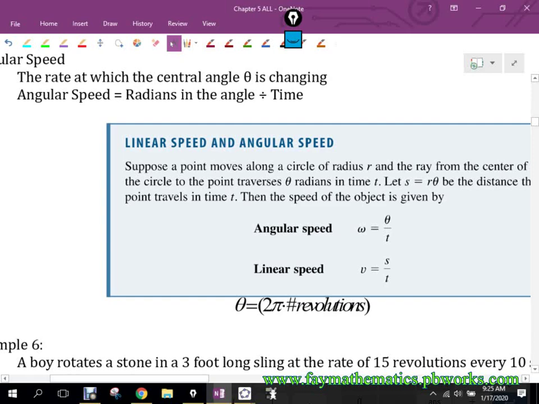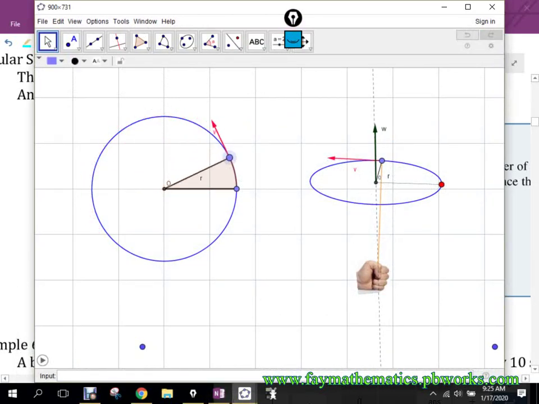So we see this concept right here. When I go back here, right now my terminal ray and my initial ray are on top of each other. This is right before I start spinning this object in a circular motion. Once I move the terminal ray away from the initial ray, an angle is formed. That angle right there.